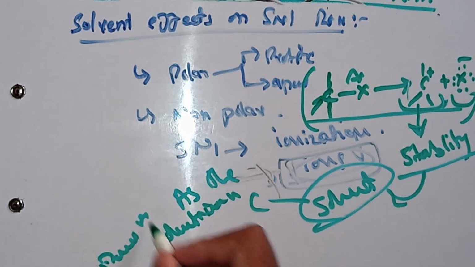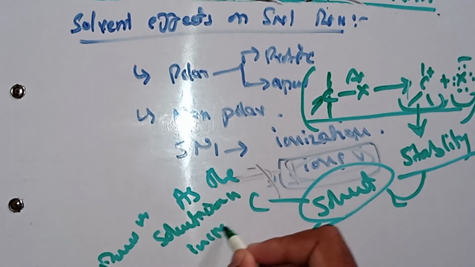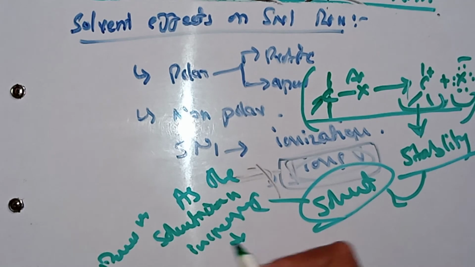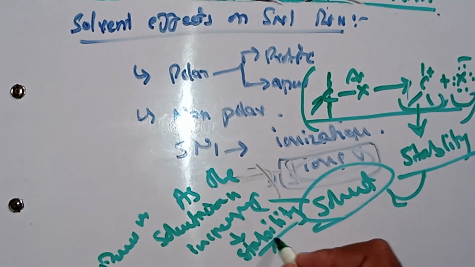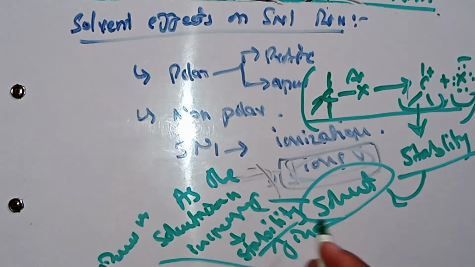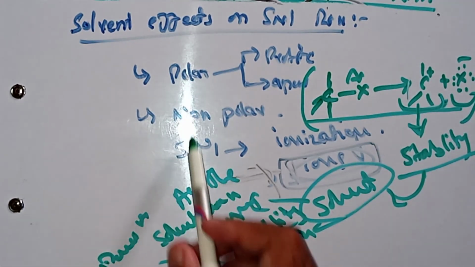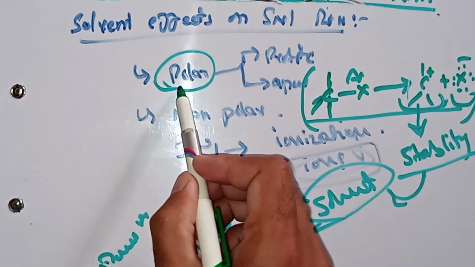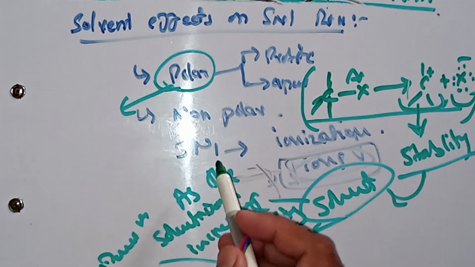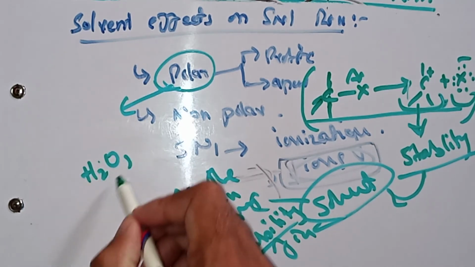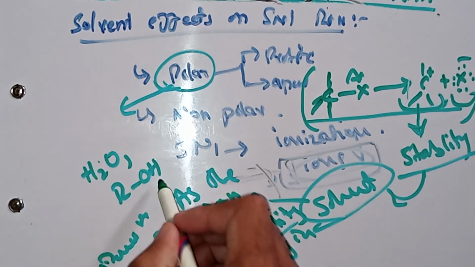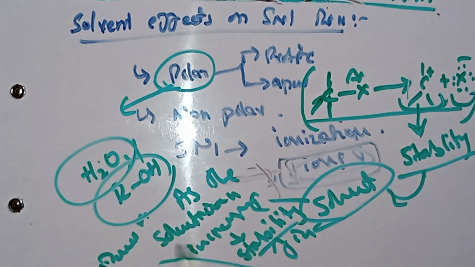As the power of solvation of the solvent increases, the stability of the ion increases. That's why the solvation power of polar solvents is very high, like H2O, alcohol or water. These have very high solvation power.